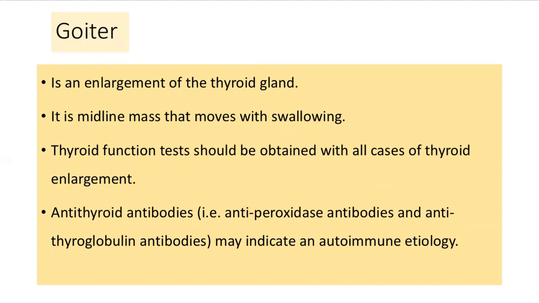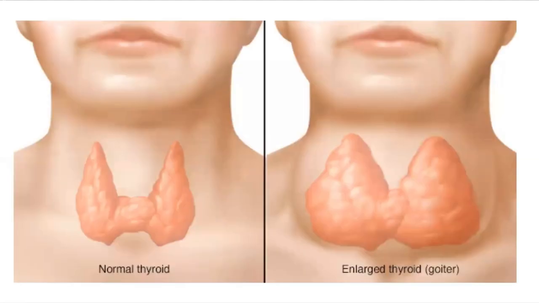Anti-thyroid antibodies, like anti-peroxidase antibodies and anti-thyroglobulin antibodies, may indicate an autoimmune etiology. Normally the thyroid has a certain size; in goiter, it becomes bigger. Enlargement of the thyroid gland.